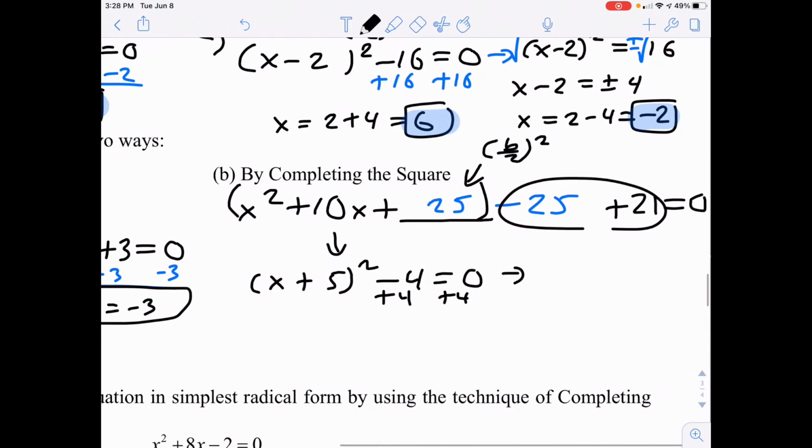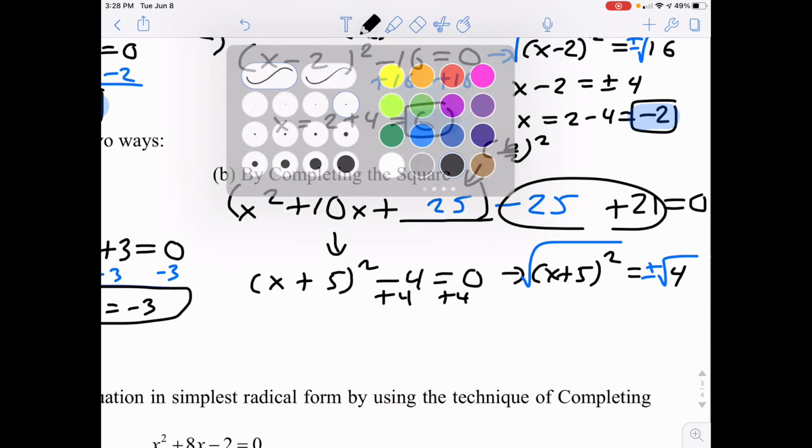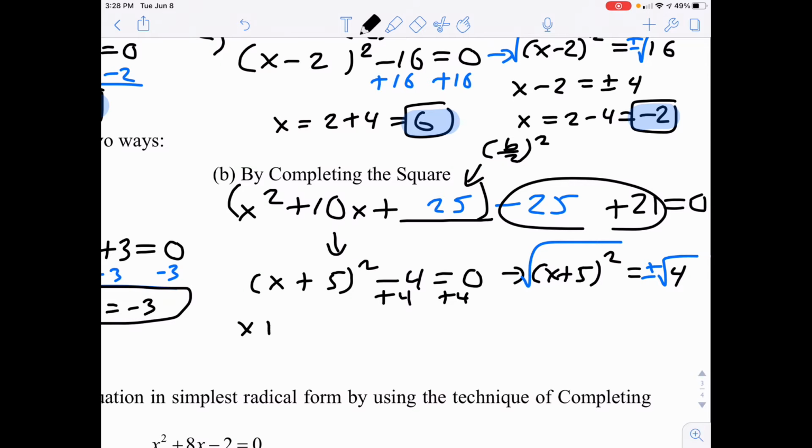And if we rewrite this, we get the quantity of x plus 5 squared equals 4. Square root both sides, plus or minus the square root of 4.